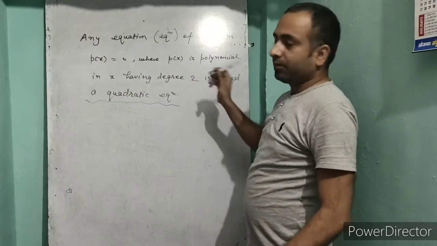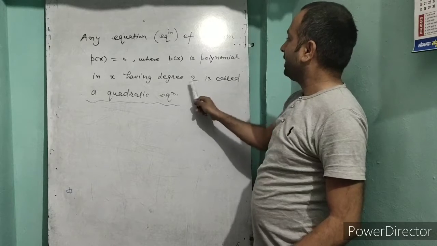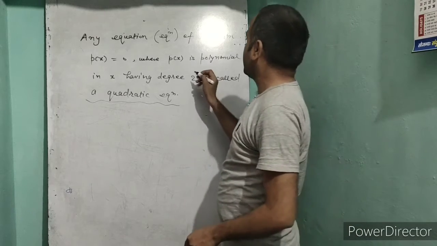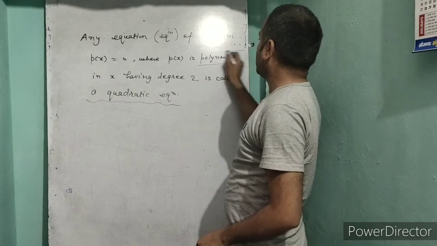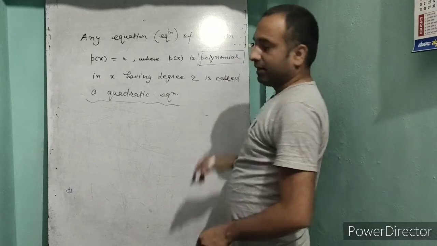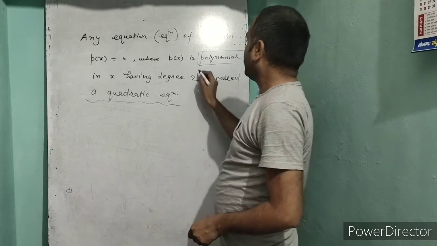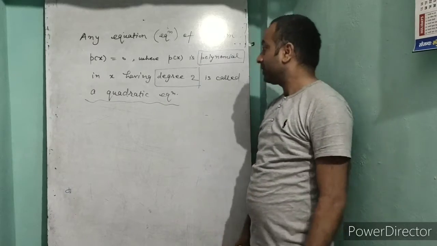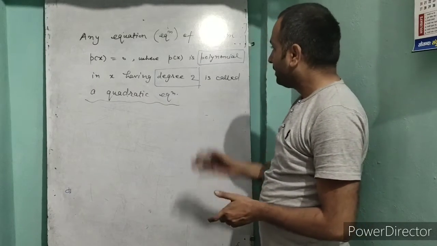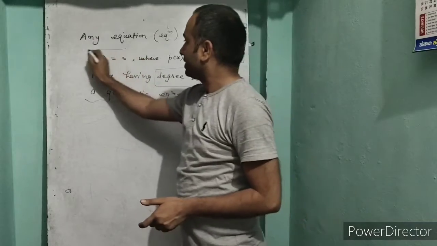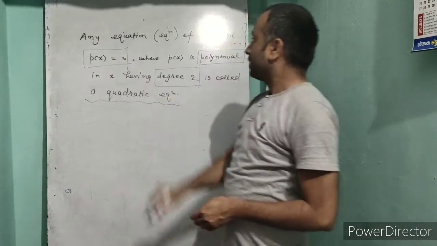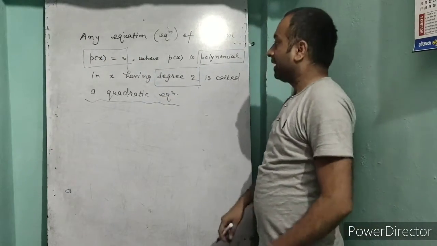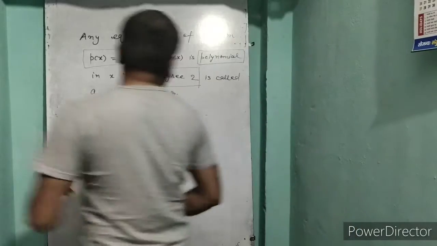P(x) is what? P(x) is a polynomial in x having degree 2. So, this term is very important. Degree 2, this term is also important for you. So, I will explain these terms and P(x).